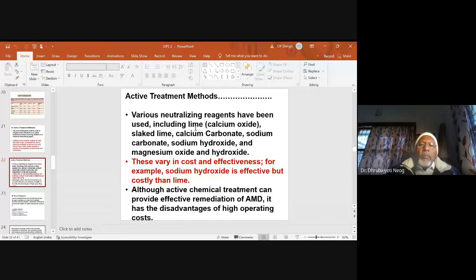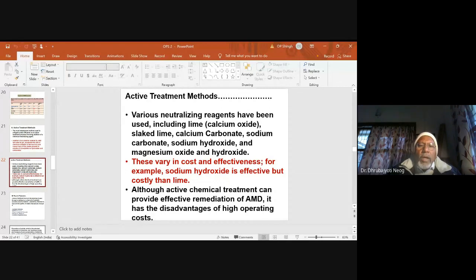These active treatment methods are costly, but they are effective, because we have to buy all these chemicals and put them continuously in the acid mine drainage pond, and this way it is a costly affair. But since we are adding alkaline chemicals, it is very effective.